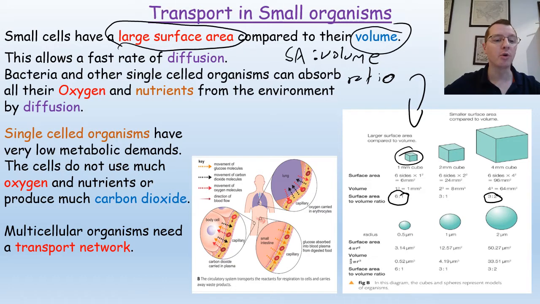And single-celled organisms have very low metabolic demands, so the cells don't use much of the oxygen or nutrients and they only produce a small amount of carbon dioxide. So because of the large surface area to volume ratio and the small metabolic demands, simple diffusion is more than enough for a single-celled organism.